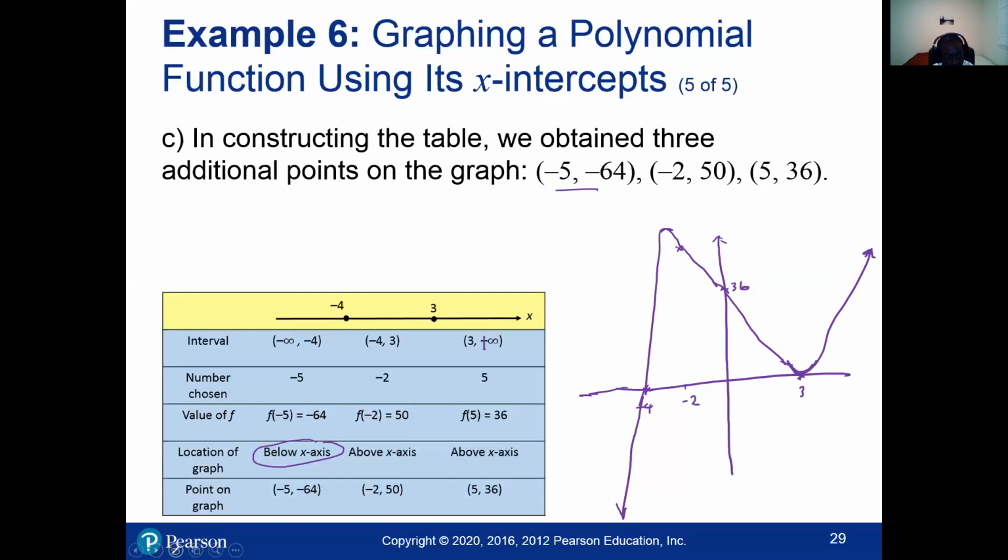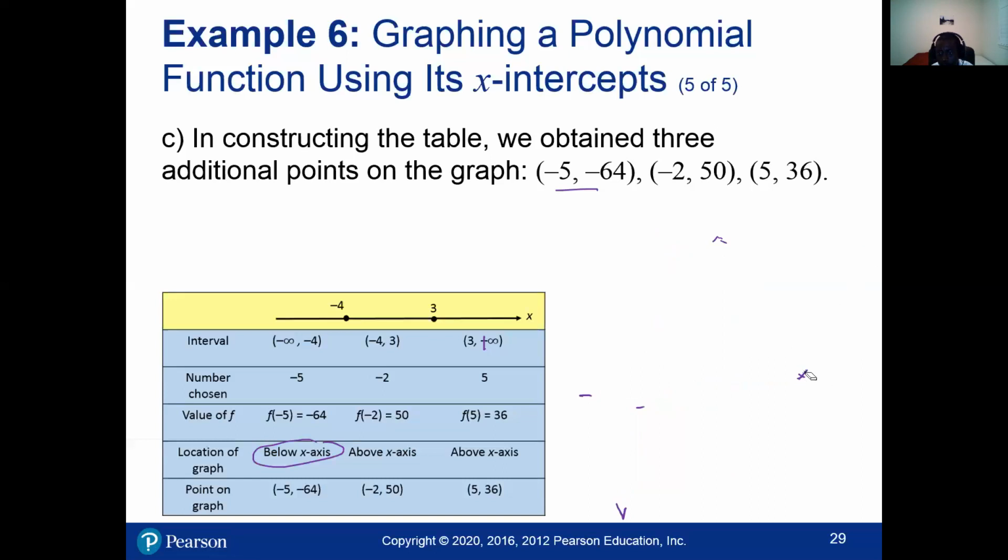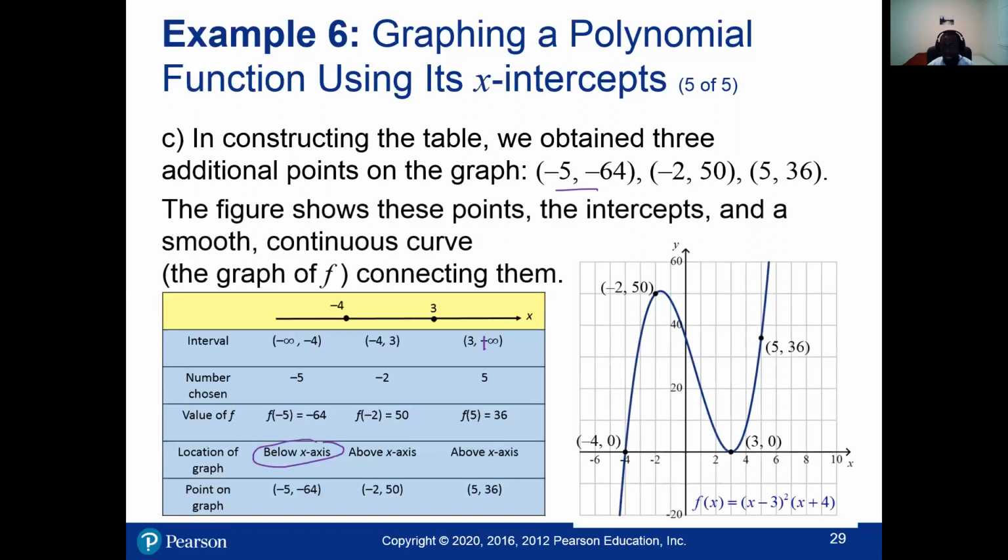Now I'm going to erase my graph to show you a better graph, using a tool that is more beautiful than what I did. So this is the graph. As you can see, below the x-axis is the interval from -infinity to -4.